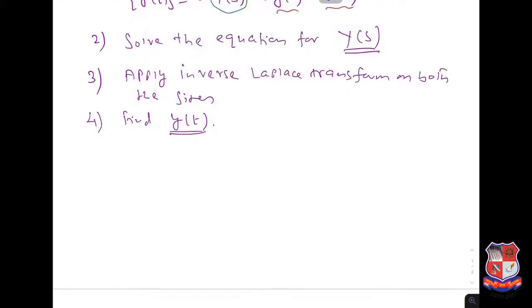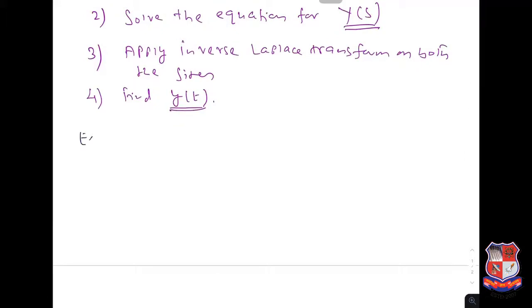Let us take one example now. So let us begin this simple example that was asked in GTU summer 15.